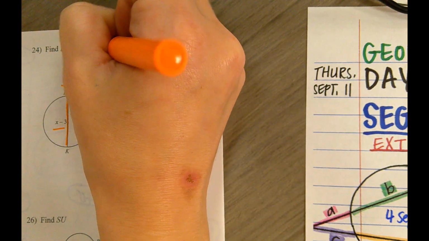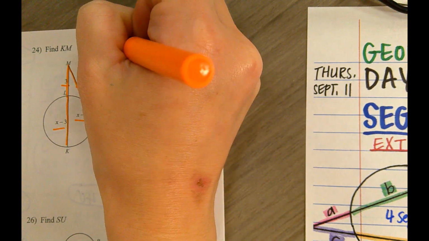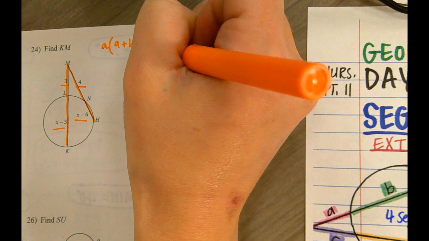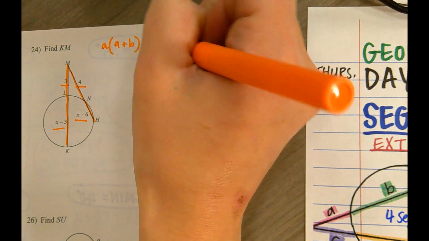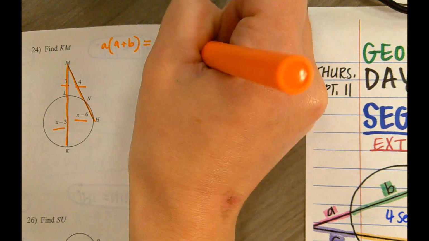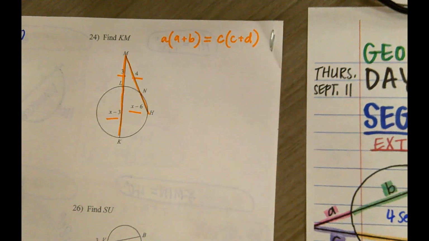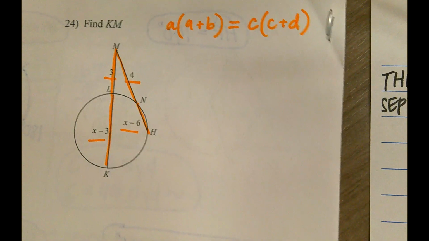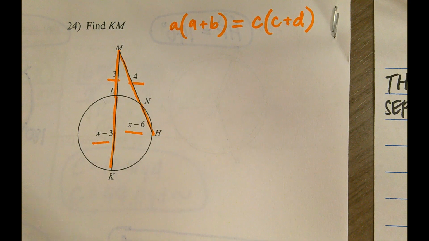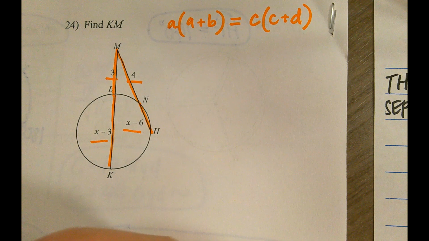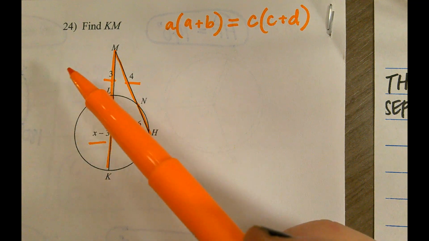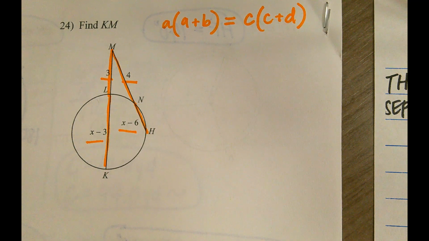So A times A plus B equals C times C plus D. And just like the last 2 that we did, start with A, whatever you choose for A, B is right next to it. Then start over at C, D is right next to it.